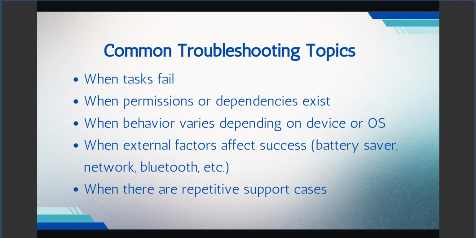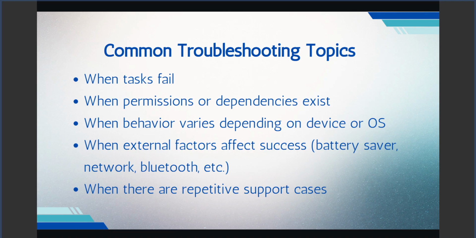So what are the common troubleshooting topics, and when do we create them? These are some of the areas. When tasks fail. When permissions or dependencies are required and the user might end up with some kind of error, we create these topics beforehand.